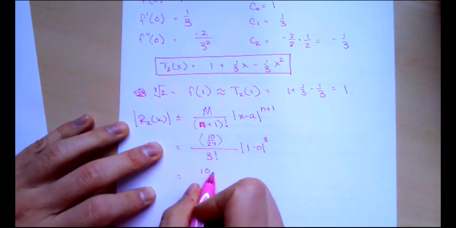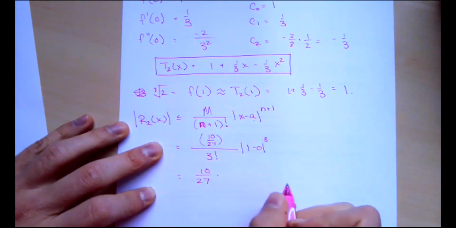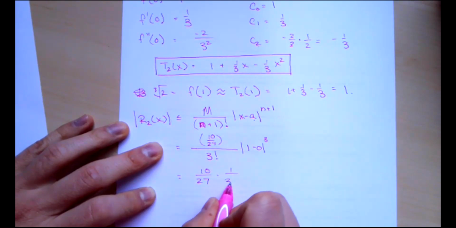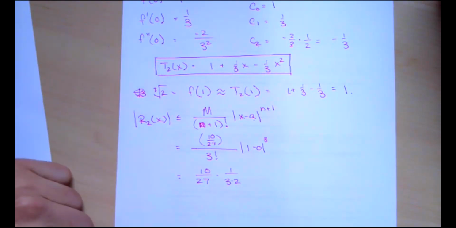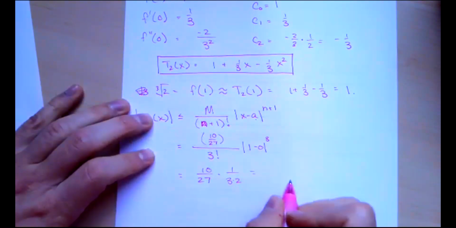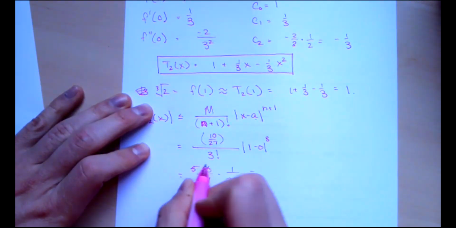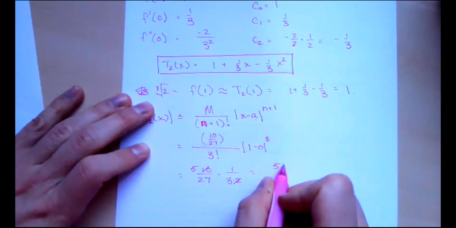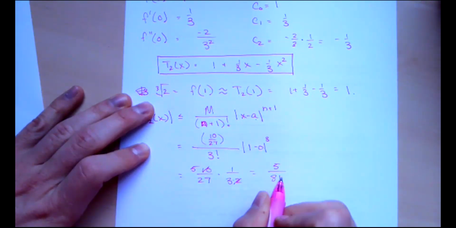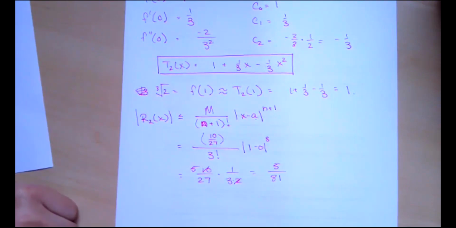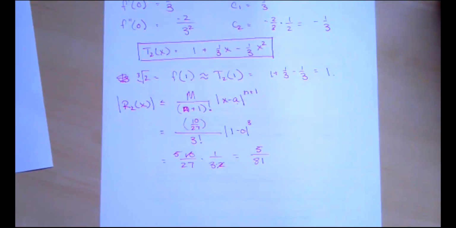We will have 10 over 27 times 1 over 3 factorial, which is 1/6. And so what do we get? Something like, so that 2 will cancel with that guy. And then so we get 5 over 81 is our margin of error.